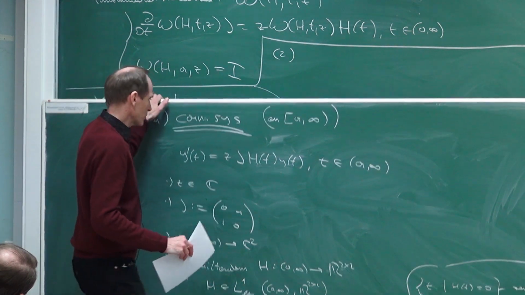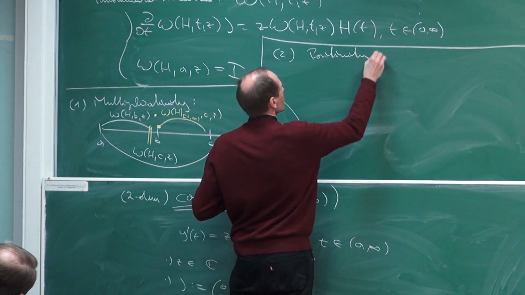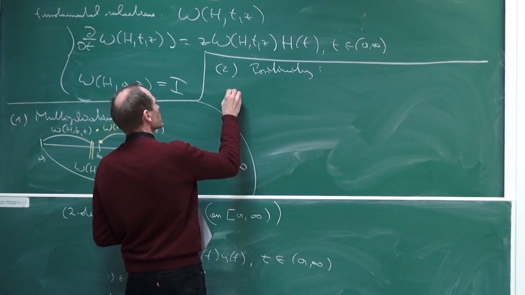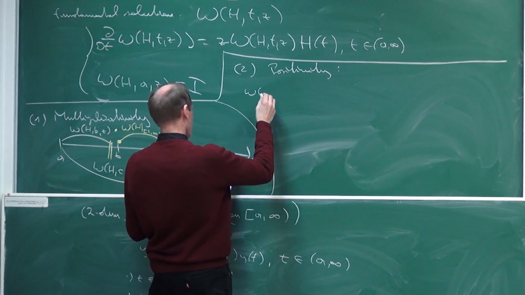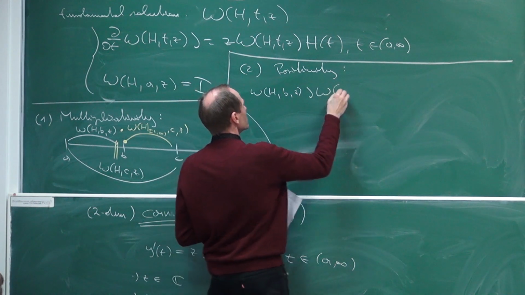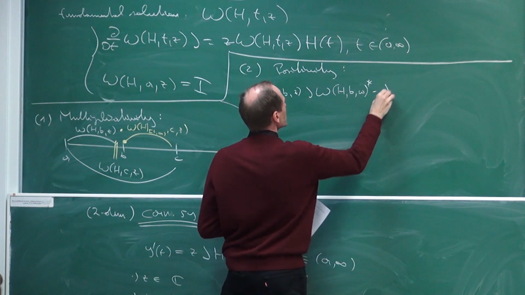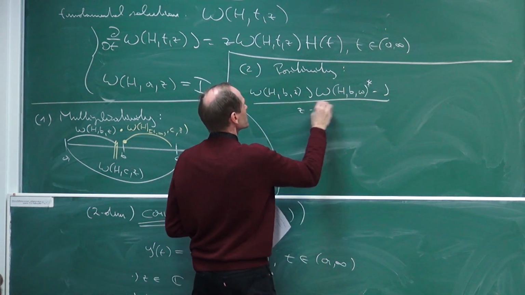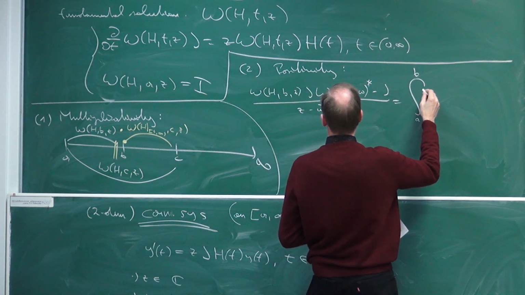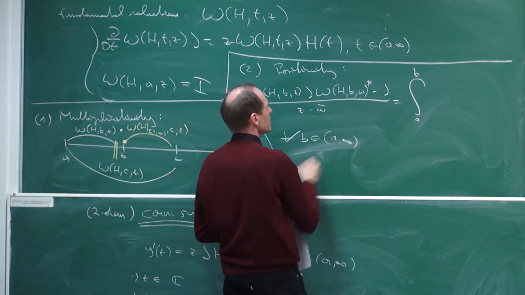Positivity. In fact, there holds an equation. It looks as follows. I just write it down. It's W of H, B, C, J, W of H, B, W star minus J over C minus W bar is equal to the integral from A to B. So I should say for every B between A and infinity.